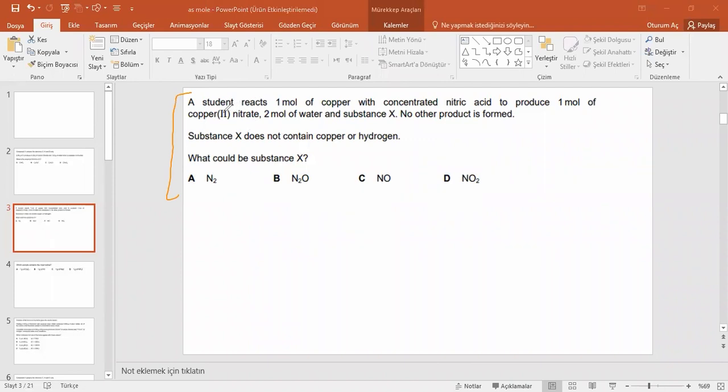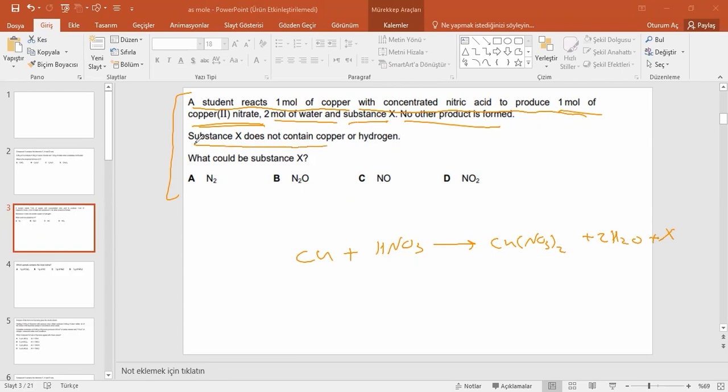Next question. A student reacts 1 mole of copper with concentrated nitric acid to produce 1 mole of copper nitrate. 1 mole of copper reacted with HNO3 to produce 1 copper nitrate, Cu(NO3)2, and 2 moles of water, 2 H2O, and substance X. So no other products are formed.